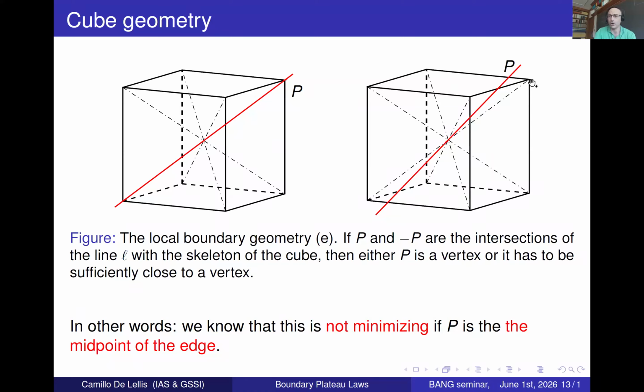And in fact, because non-minimizing situations are open and minimizing situations are closed, you expect that you're not minimizing when you're too close to the other extreme case, but you do see from numerical experiments and simulations that it seems a minimizer when you're sufficiently close to the diagonal. So it's very tempting to conjecture that there's a critical distance to the vertex for this point P, so that the configuration is minimizing when the distance is from 0 up to this critical distance.